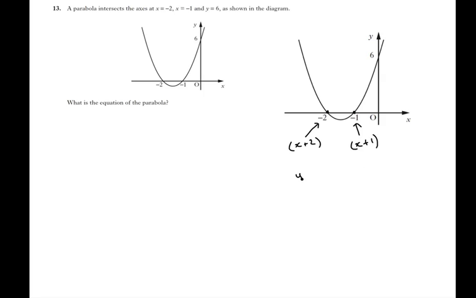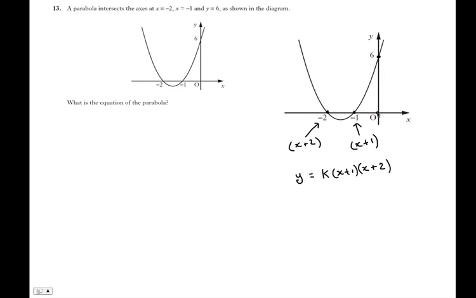We could therefore say that this graph has equation x plus 1 times x plus 2, but there may be a scaling factor in there to scale it to this height of 6 when x is 0.